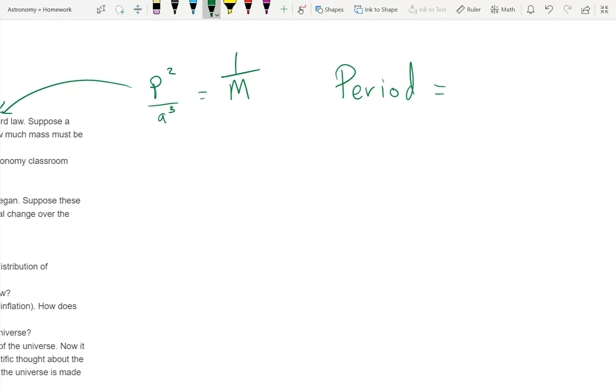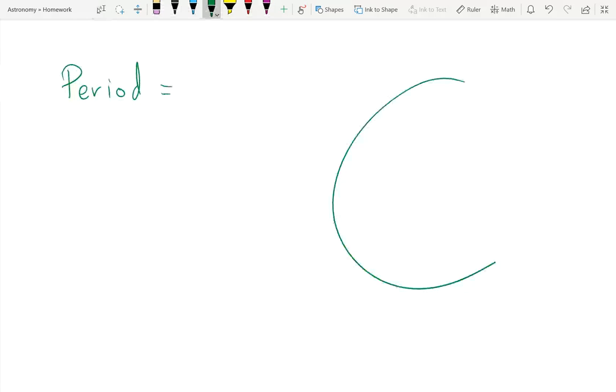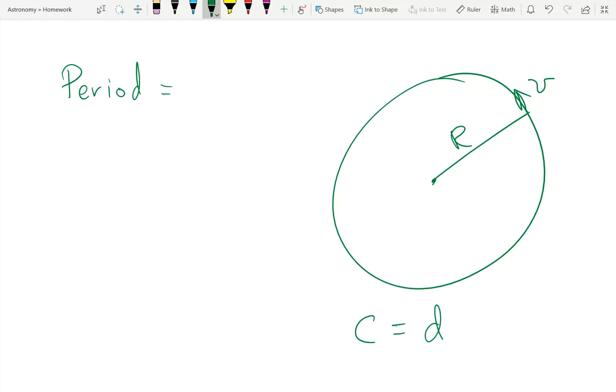The period is the time for one orbit. We know its speed and we know its radius. So we have something going in a circle. Yes, we can say the circumference is equal to the distance it travels in t equals the period.